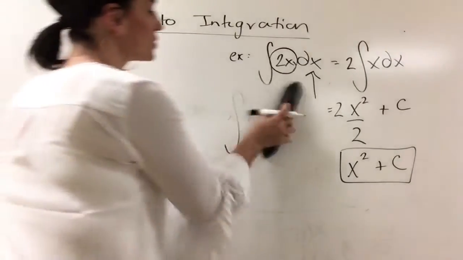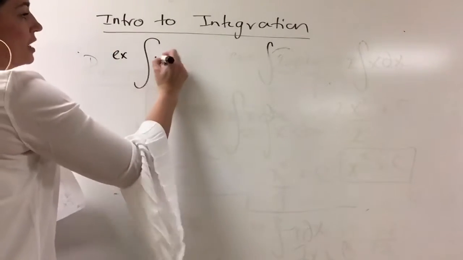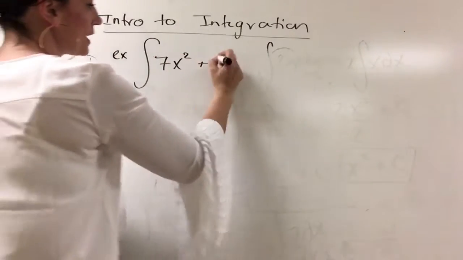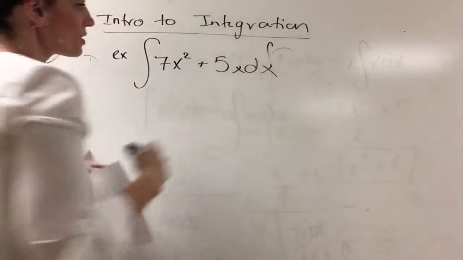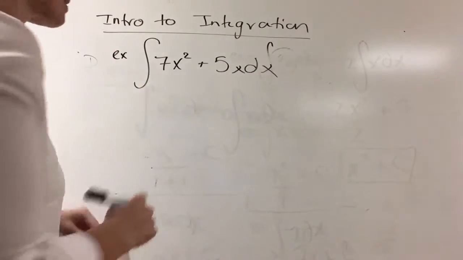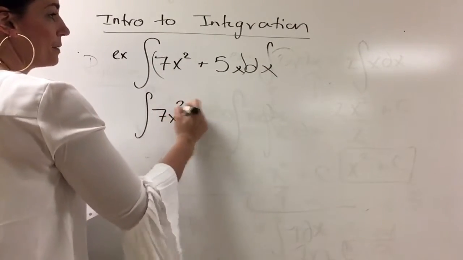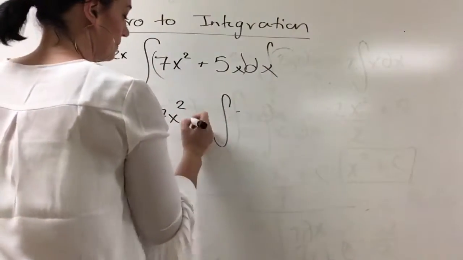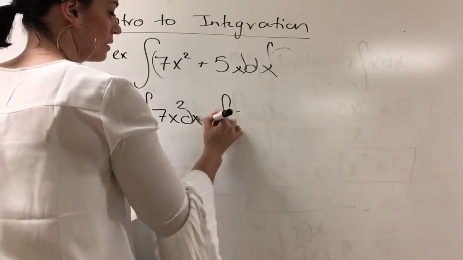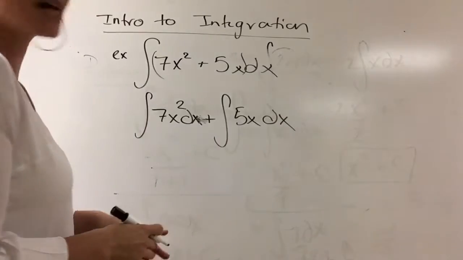Another thing that we're allowed to do with integration, which you probably already do, let's say you have the integral of 7x squared plus 5x dx. This example just means, hello, I'm here to find the integral of this function in terms of x. Well, what you can do is just find the integral of each piece, and then just add it together.